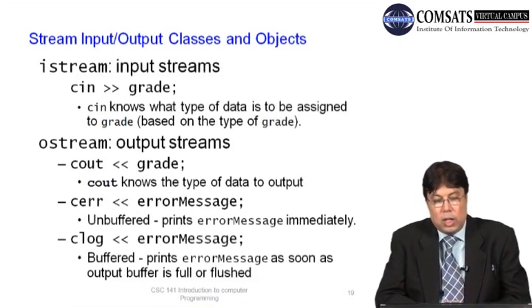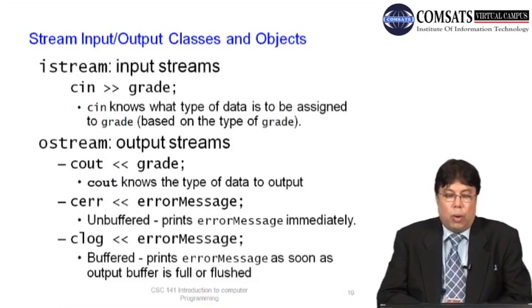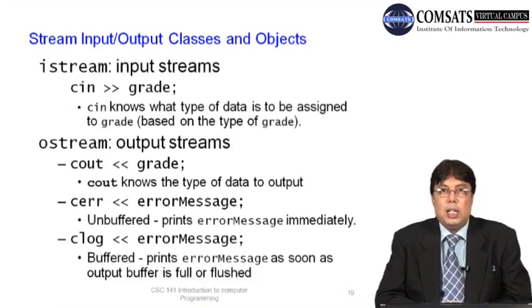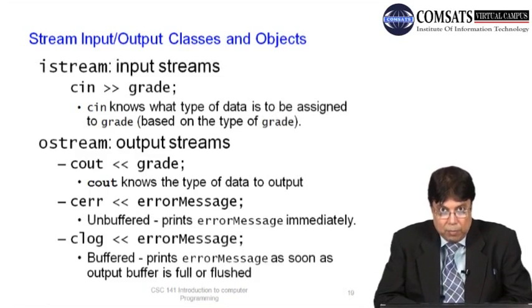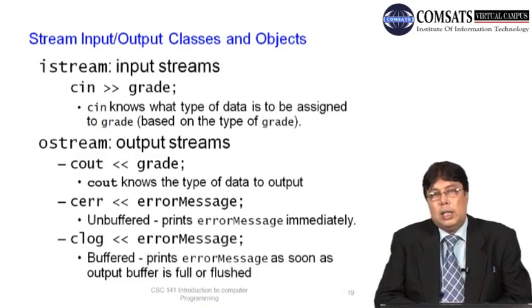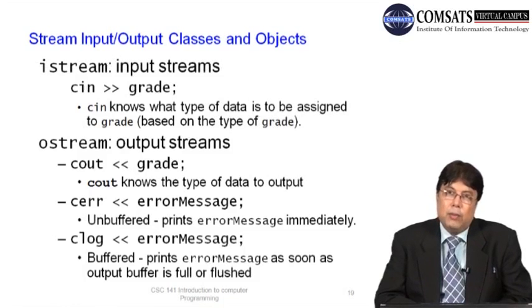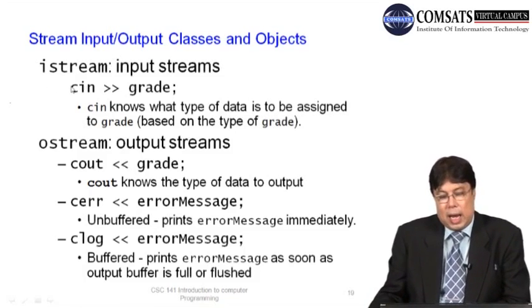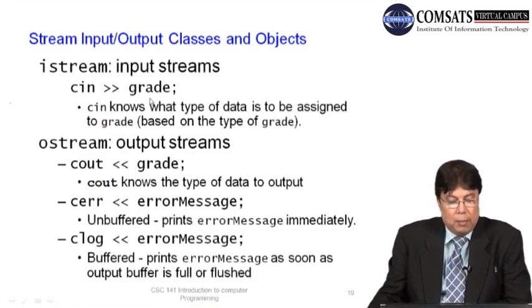The system first determines the data type of grade. If it is an integer, an integer stream is assigned to it. If it is a float, a float stream is assigned. This is basically a variable name, so we extract the stream and assign it to that variable.